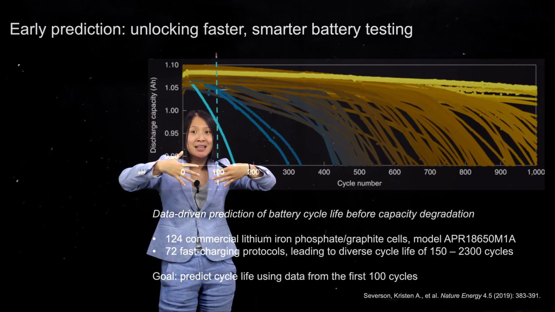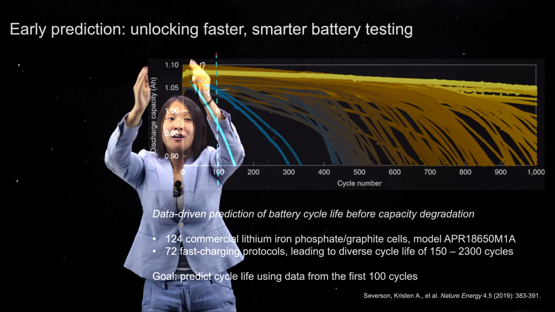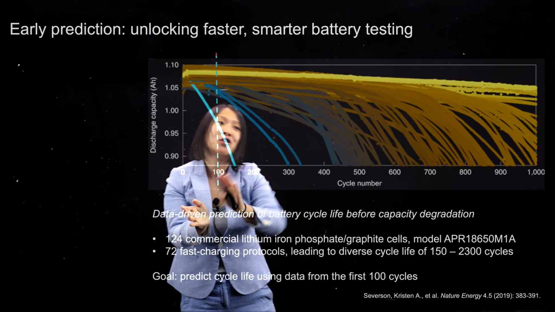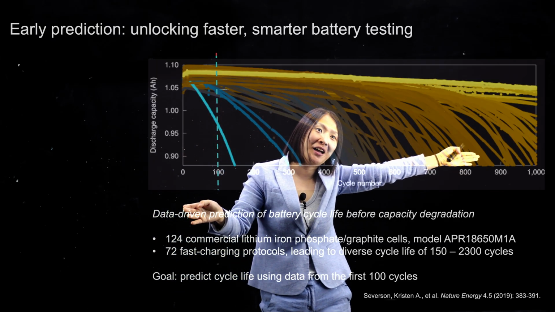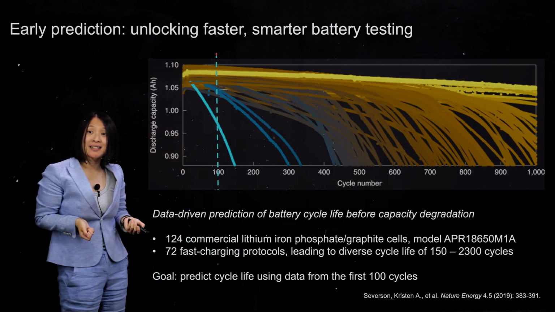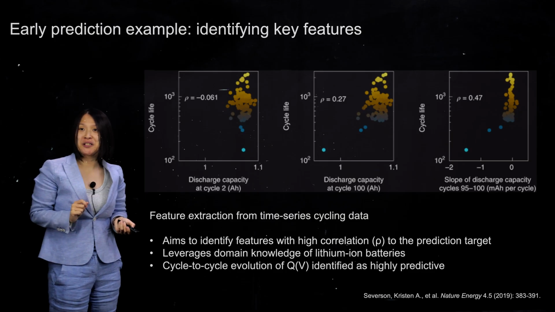So in this case, the problem formulation is that we are trying to use the information from the first 100 cycles of the battery cycling data to predict the cycle life in the future. This is a really good example where we can evaluate the power of feature engineering.